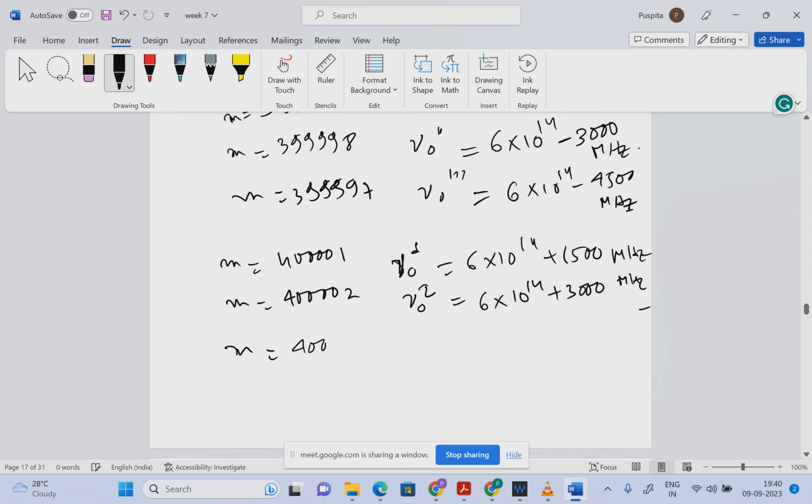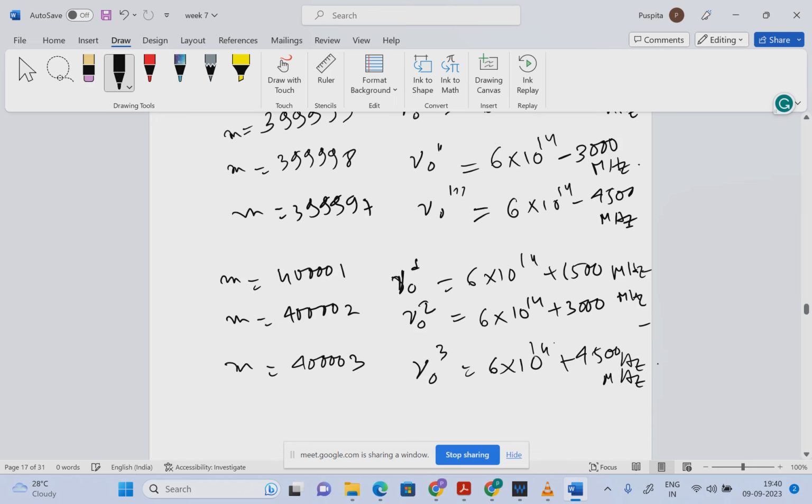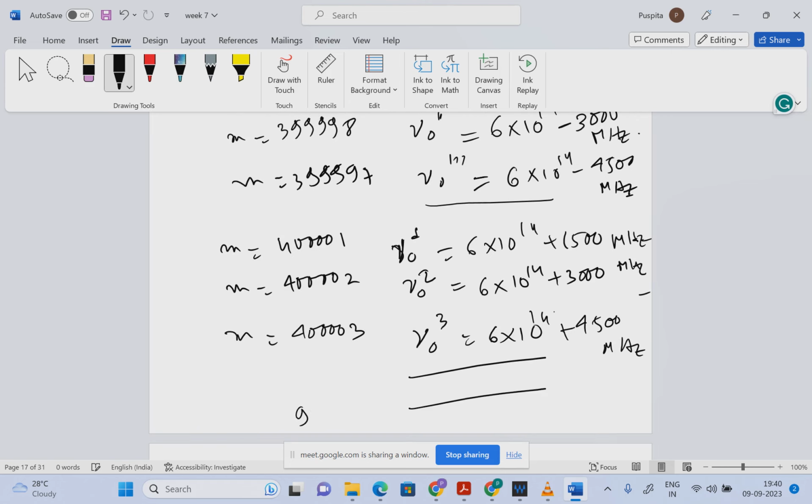So this and this will give 9,000 megahertz spectral width.